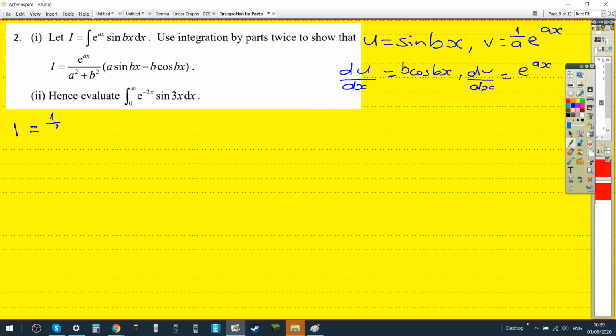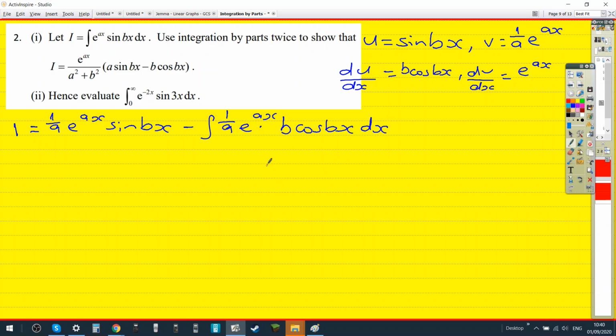Yes, 1 over a e to the ax sine bx minus b cos bx times 1 over a e to the ax.